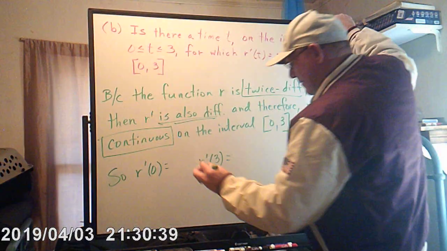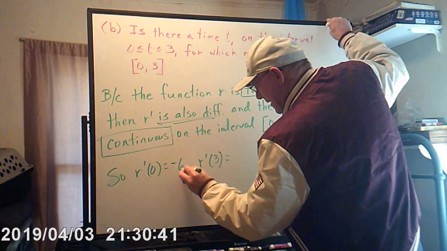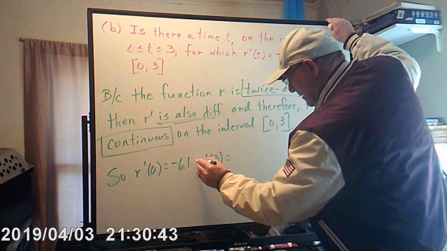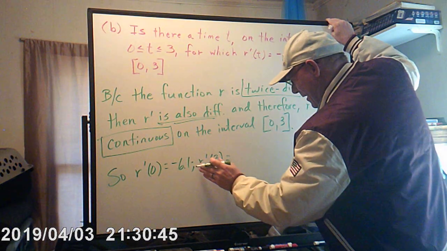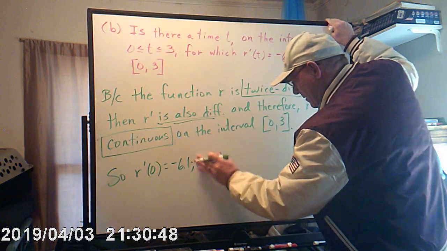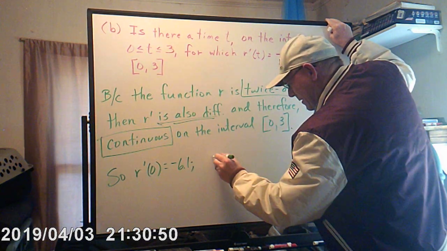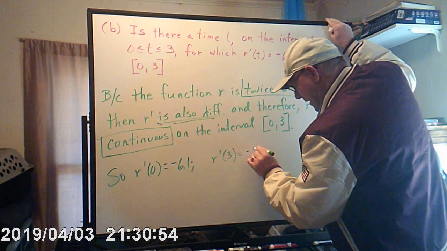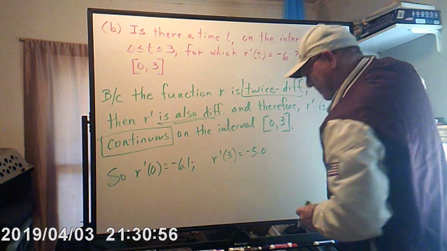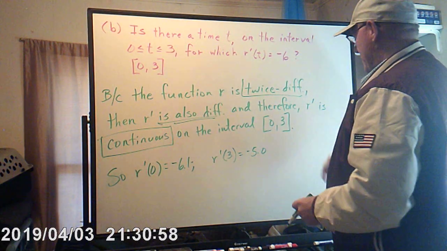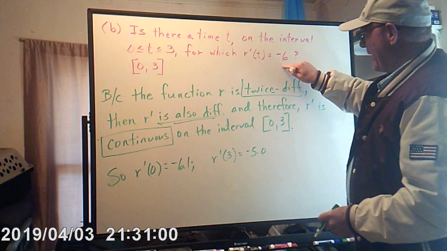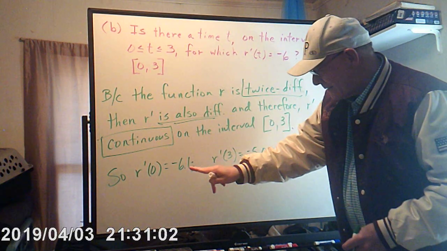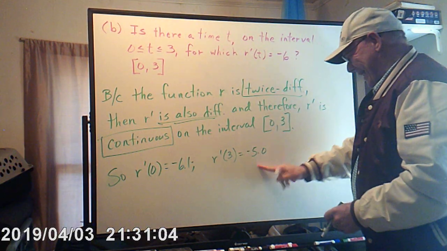Negative 6.1, right? Negative 6.1. Okay. R prime at 3 is negative 5.0. Question: is negative 6 between negative 6.1 and negative 5.0?